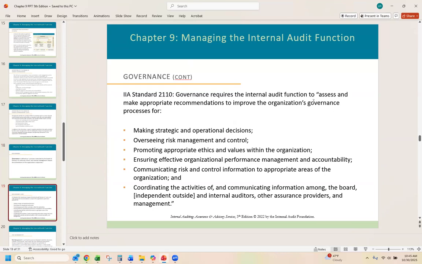So internal audit is supposed to assess and make recommendations to improve governance processes. So organizations' governance processes. So you're not telling the board of directors or whoever, the audit committee or the other committees, like, you guys are terrible, you need to go do this, this, and this. It's the processes that those groups oversee. So like if you have problems within the information technology group through your IT audit, then that needs to go to probably the head of the IT department.